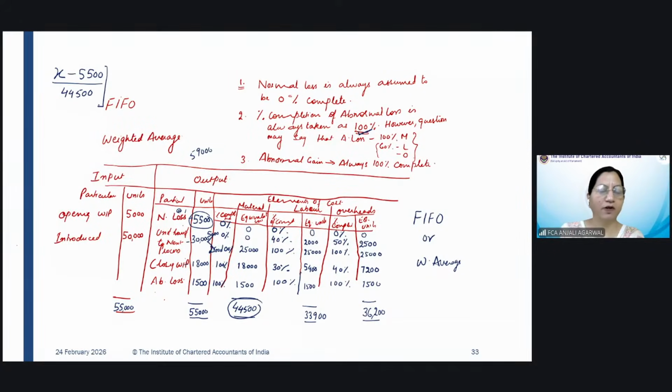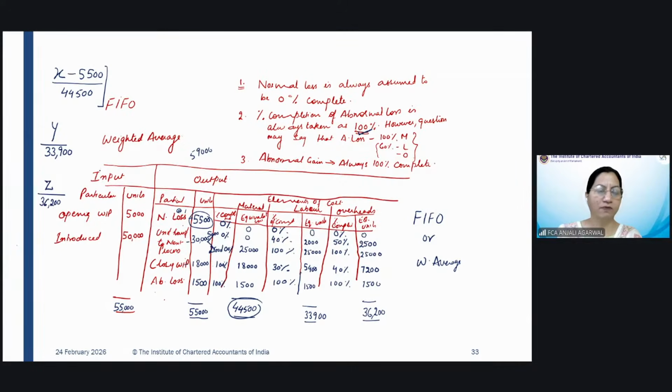So this is the statement of evaluation or statement of cost for each element of cost. If the total labor cost is Y, Y will be divided by 33,900 to find out the labor cost per unit. If overhead costs come out to be Z, Z will be divided by 36,200 units to find out the cost of overheads per unit.